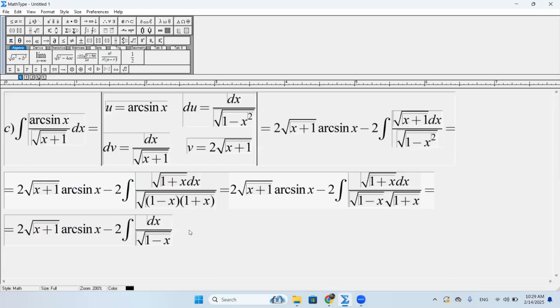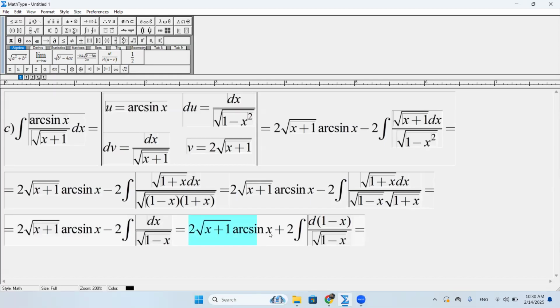So simplified, and actually here we can also use the differential. So we will use the differential entry technique for this integral. So this is the differential of 1 minus x. And now let's calculate the final integral.